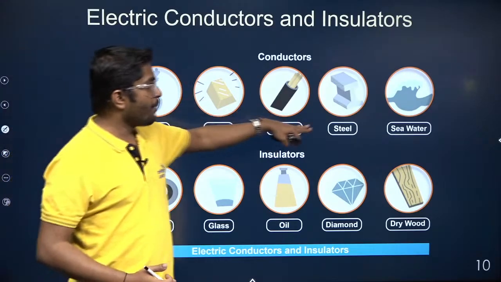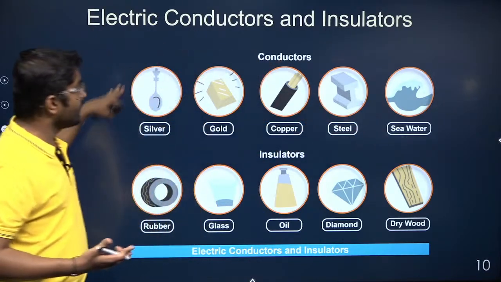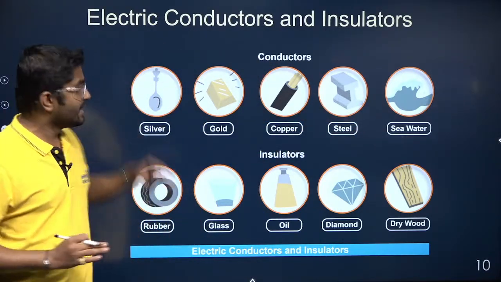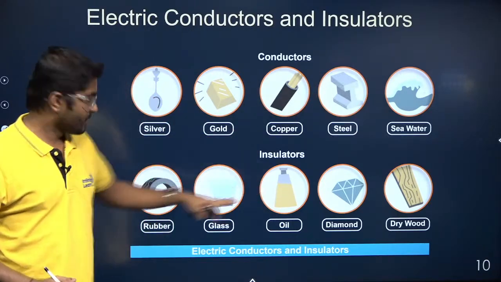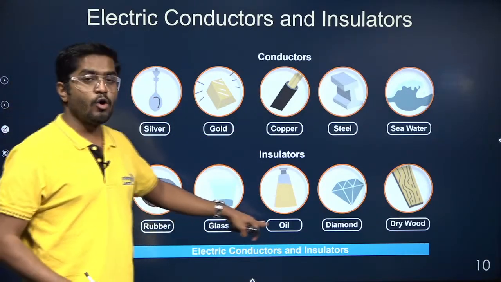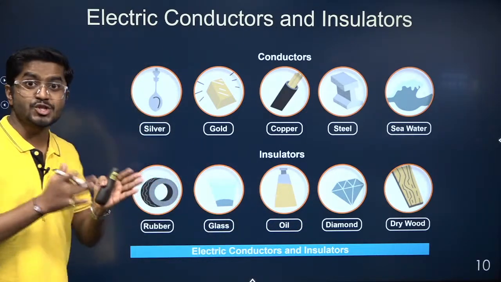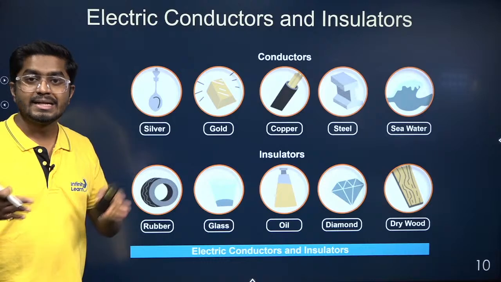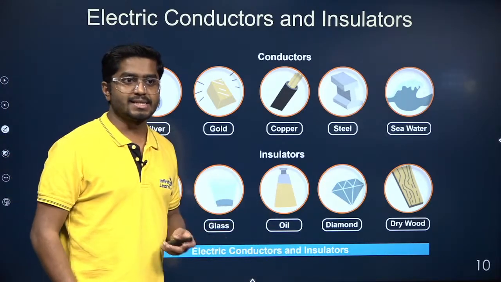Silver, gold, copper, steel, even seawater or salt water, are all good conductors of electricity. Materials such as rubber, glass, oil, diamond and dry wood stop the flow of current. They do not allow the current to flow, so these are called insulators.